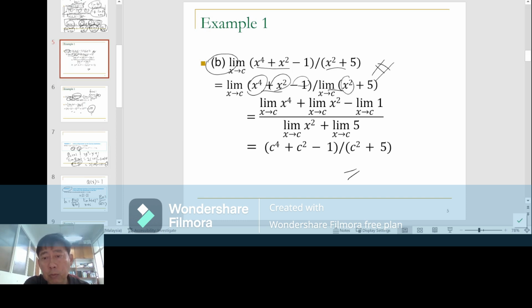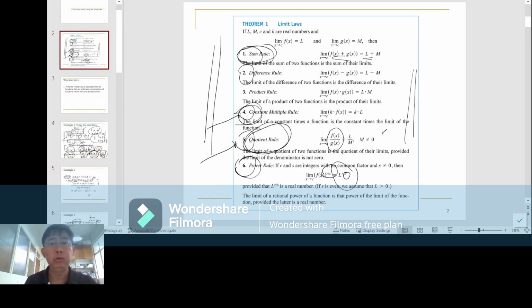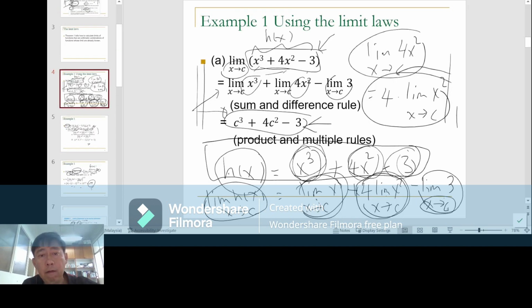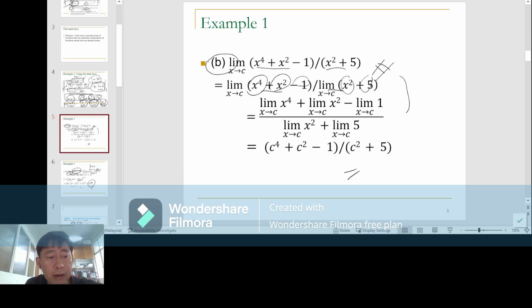Then you calculate this one and this one using the product rule, sum rule, quotient rule. So it's kind of very lengthy, if you were to refer to theorem 1 to calculate the limit of the ratio of two functions.